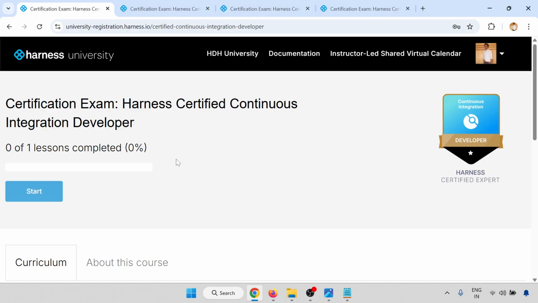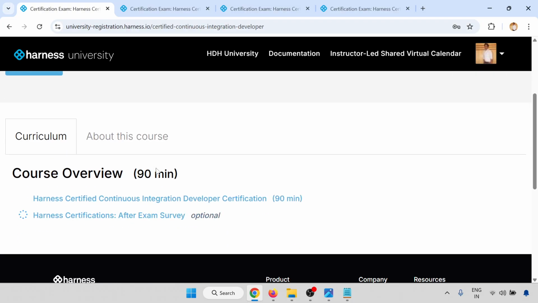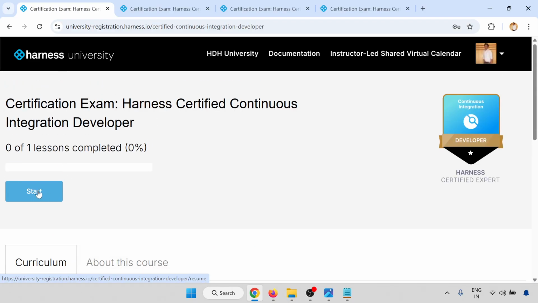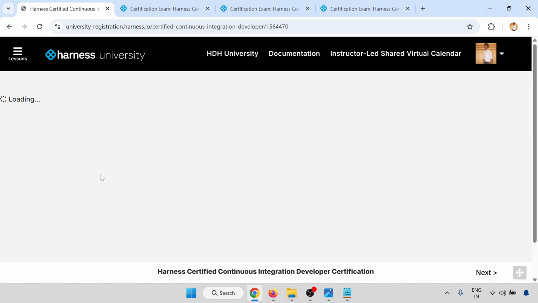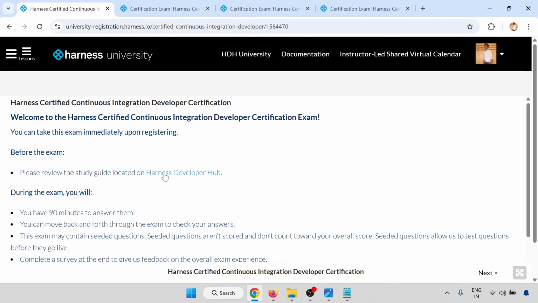So there are lessons. One lesson is there. You can start. The course overview is approximately 90 minutes, and there is a certification after the exam survey. So Harness will give you the certification. So start. Before the exam, please review the study guide located on the Harness Developer Hub.